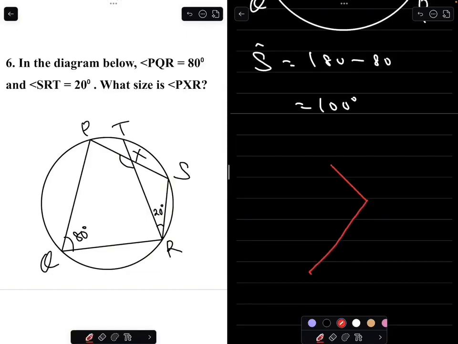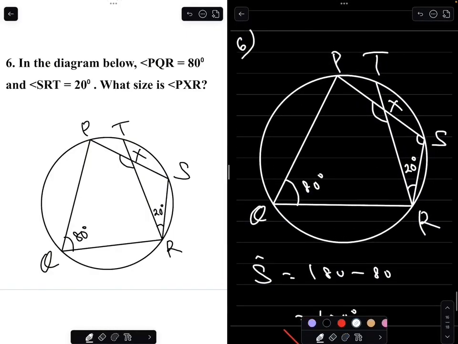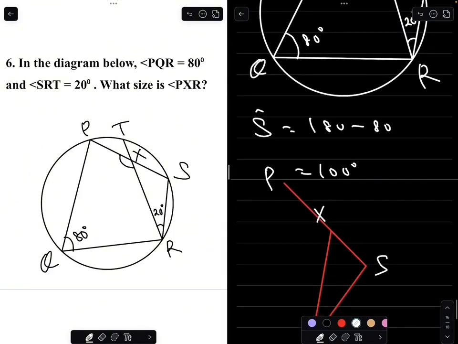Triangle SXR looks like this. And this side XS is produced. That side XS is produced to P.